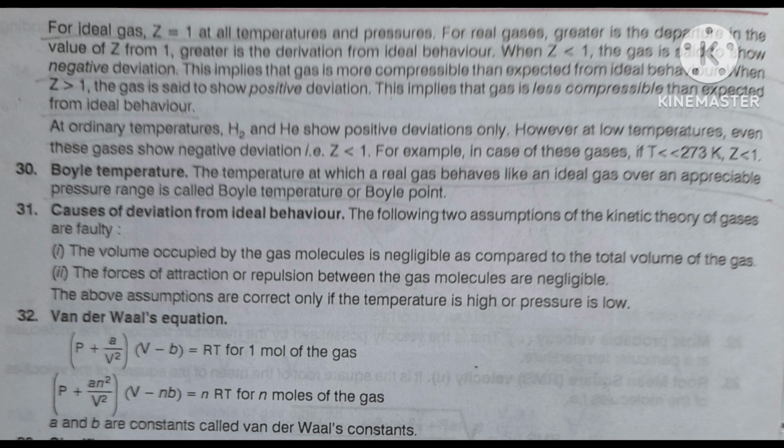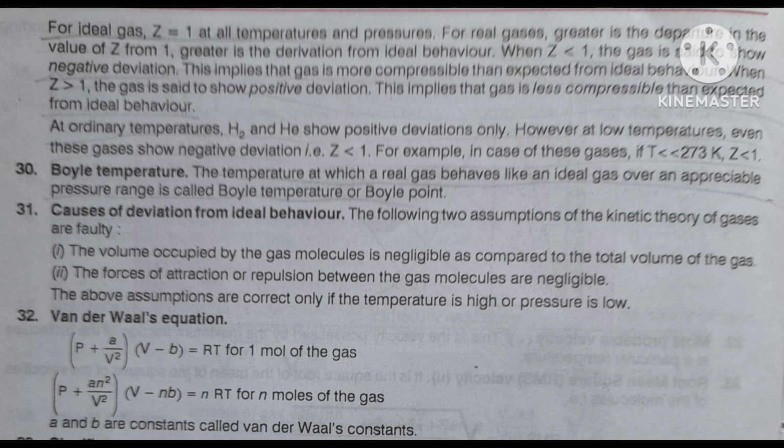PV equals RT for 1 mole of gas becomes (P plus a upon V square) into (V minus b) equals RT for 1 mole of the gas. This is the van der Waals equation.